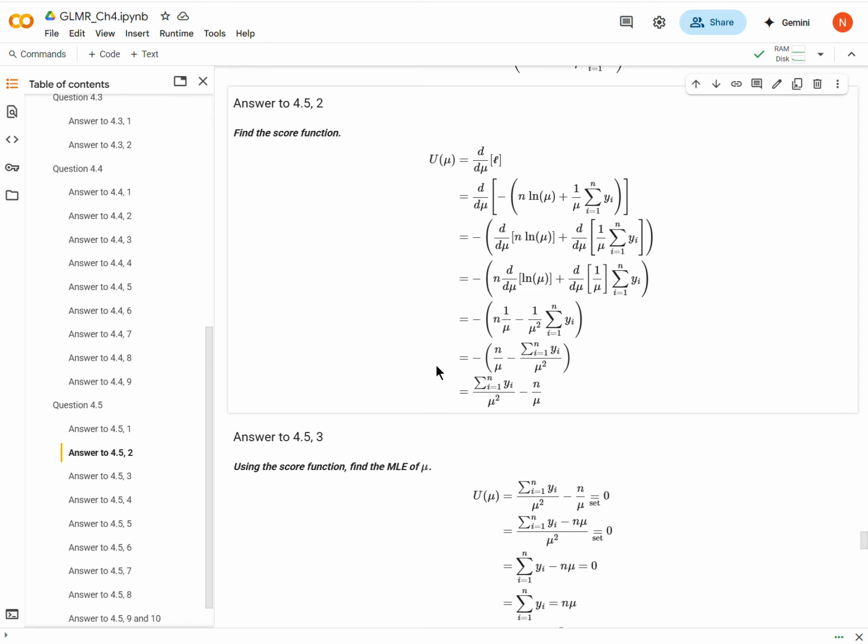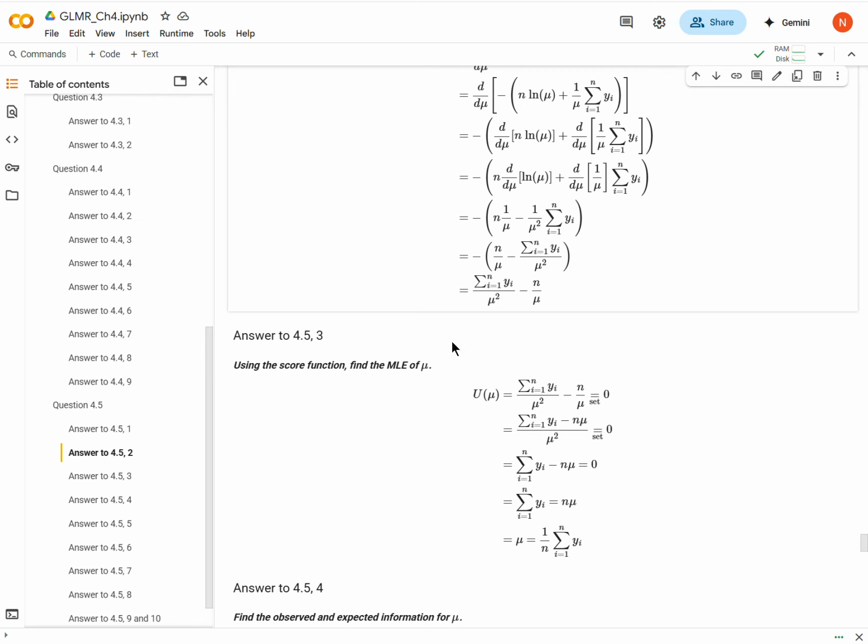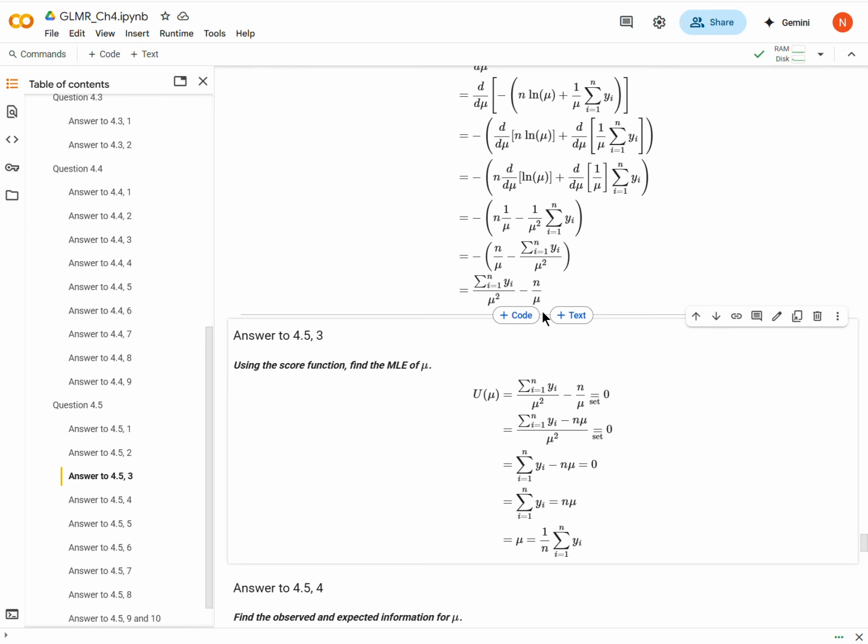Okay. And now, with the score function, we will set about finding the maximum likelihood estimator of our parameter of interest, again here mu, and so this is where we're maximizing the function. So we take our score function that we just found and we set it equal to 0, right?